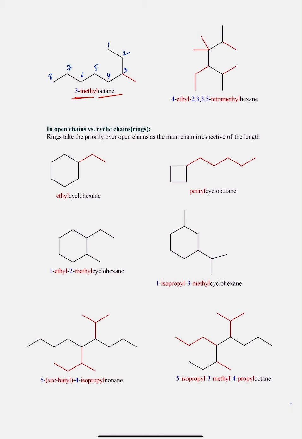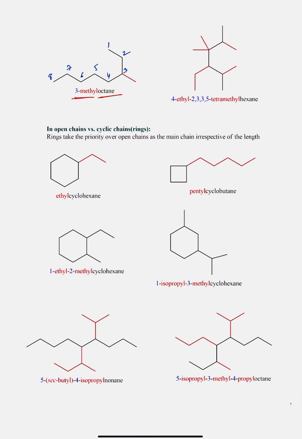If I go to the next structure, this is the longest chain, which has how many carbons? 1, 2, 3, 4, 5, 6 carbons. Or I can take this as the longest chain also because it's identical, or I can take this, or this as the longest chain also because it too has 1, 2, 3, 4, 5, 6 carbons.